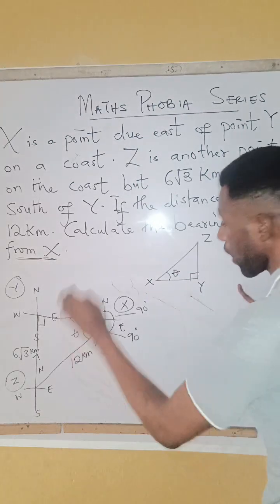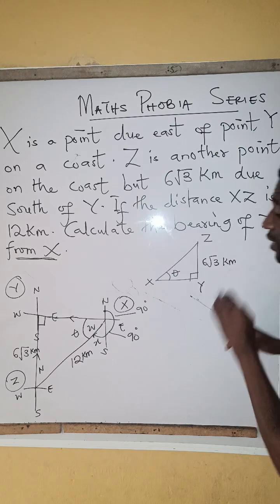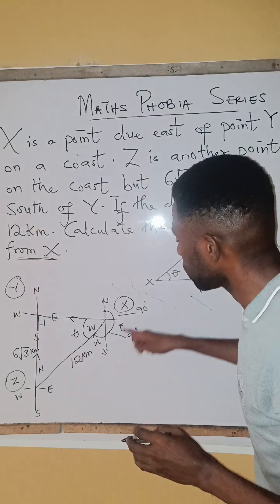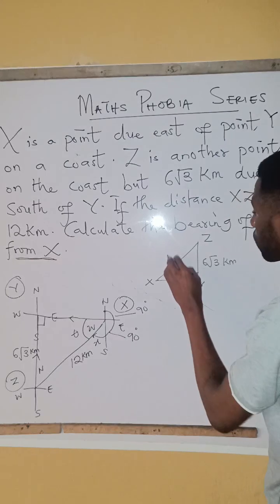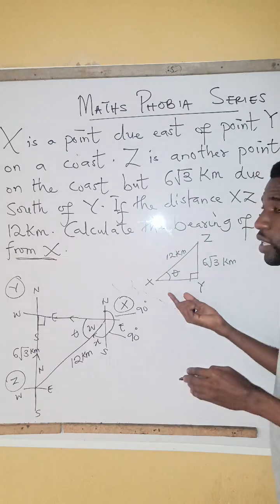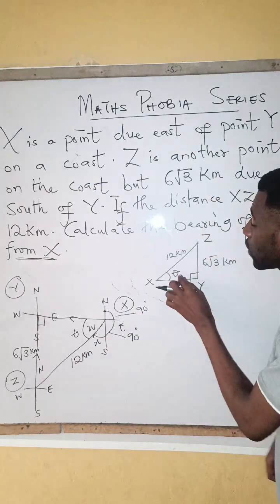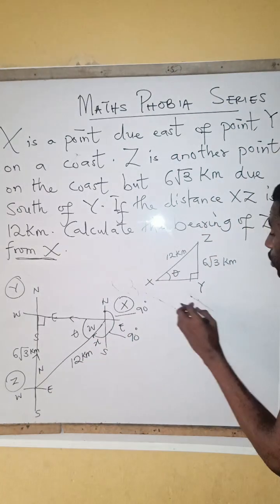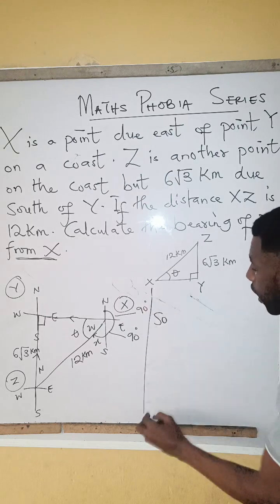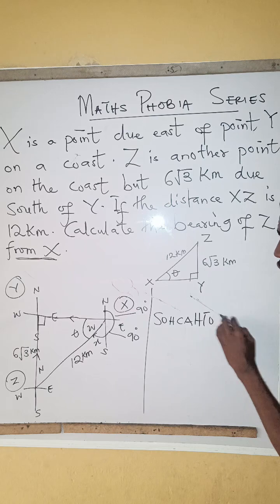ZY is 6.3 kilometers, and XZ is 12 kilometers. If I'm to use my SOHCAHTOA, I'm not looking for distance. If I was looking for distance, I would have used Pythagoras theorem, but I'm looking for the angle theta, so I'm going to use my SOHCAHTOA.